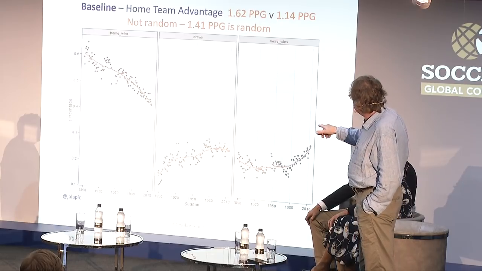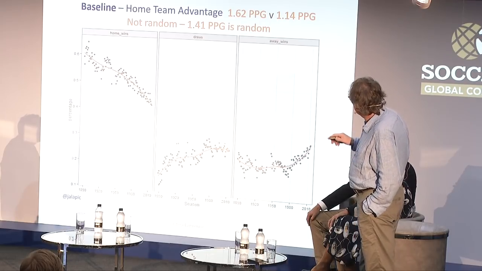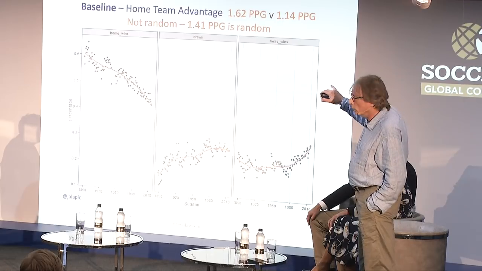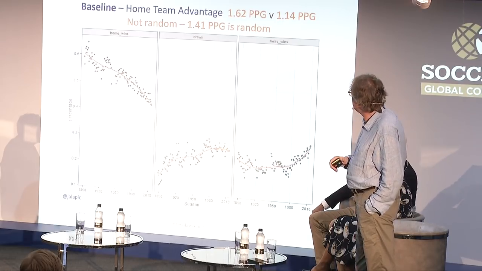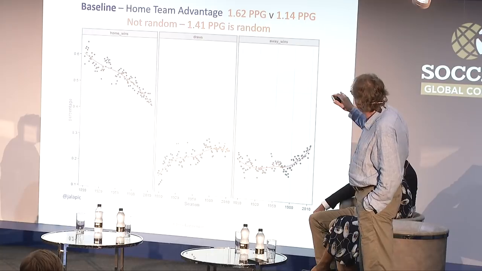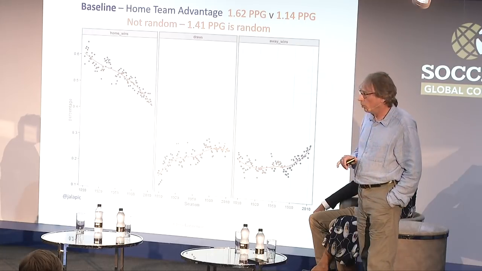He's established, this is the Premier League in the first division over 100 years, the home team will win 1.62 points per game. The away team will win 1.14 points per game. That is 100 years worth of football, and it is not going to change much. And it's not random. If it were random, 1.41 points per game is what we would see.